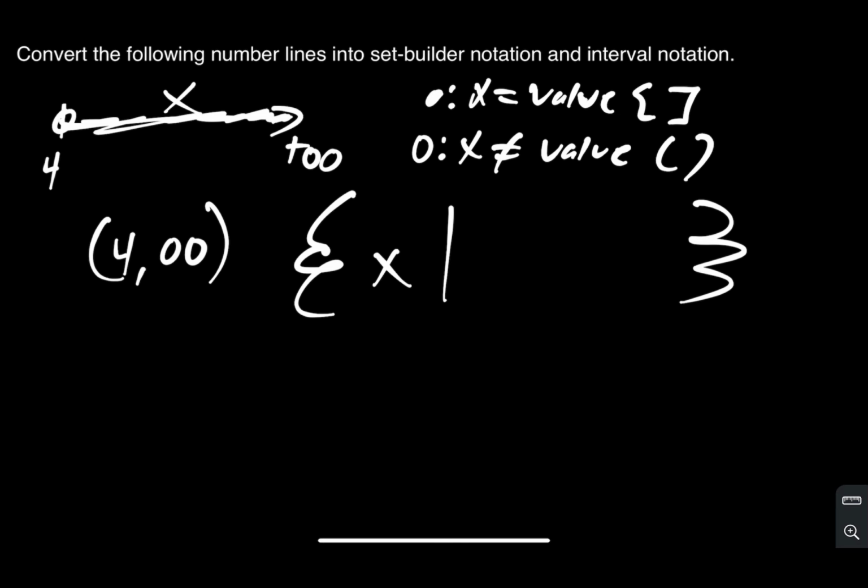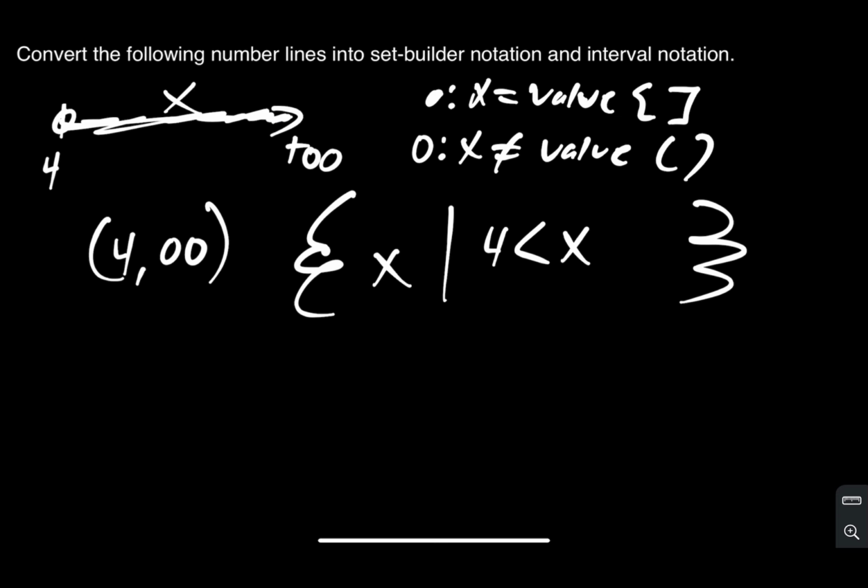So let's erase the infinity and just do 4 and x. For 4, we have a hollow point, so x can't be exactly that value. So no equal to part. But x is greater than 4 because it's to the right of 4.